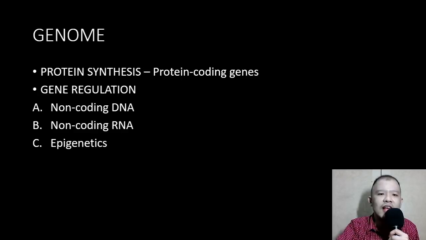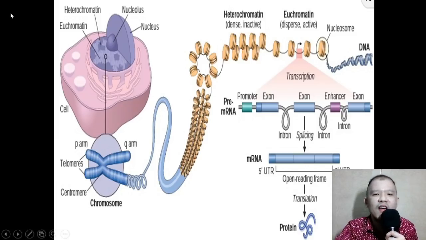So let's look back at the previous diagram. Which parts here are the non-coding? Let's see. The centromere is a non-coding DNA, the part that holds the two chromatid strands together. The telomeres at the end are responsible for aging.